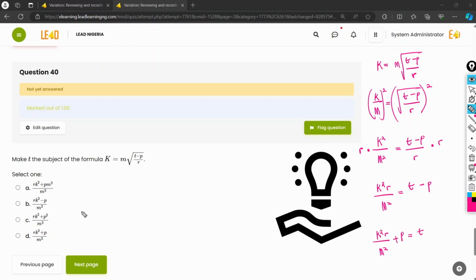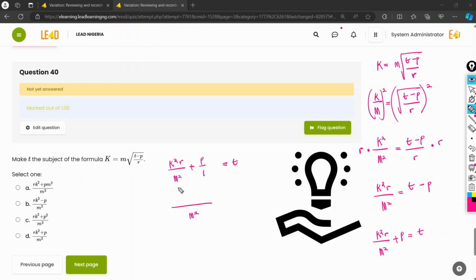Okay, so let's check for that in the options. We don't have that, but let's rewrite this as a single fraction and then see. So we have K squared R over M squared plus P over 1, that's T. So I can take the LCM of both of these, which will be M squared.